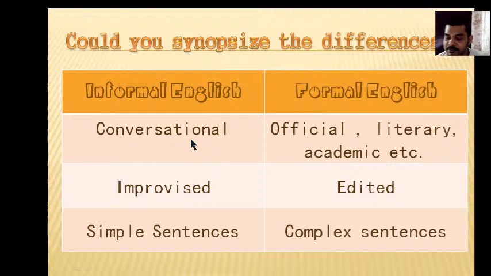Informal English is conversational, and here you must add personal. It's personal and obviously not at all formal. So personal conversations are informal, whereas official, literary, academic situations are formal English.